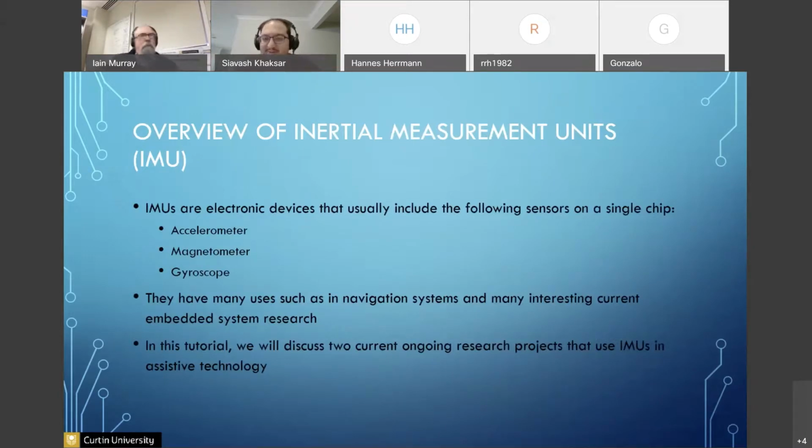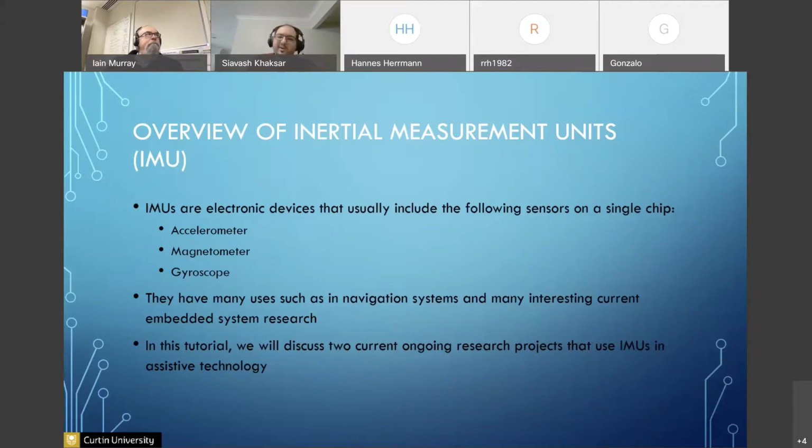Of course, Ian's favorite sensors, IMUs. To give you a very quick overview of them, they're essentially an accelerometer, magnetometer, and a gyroscope embedded on the same chip. Sometimes they're known as 9DOF sensors or 9 degree of freedom sensors.